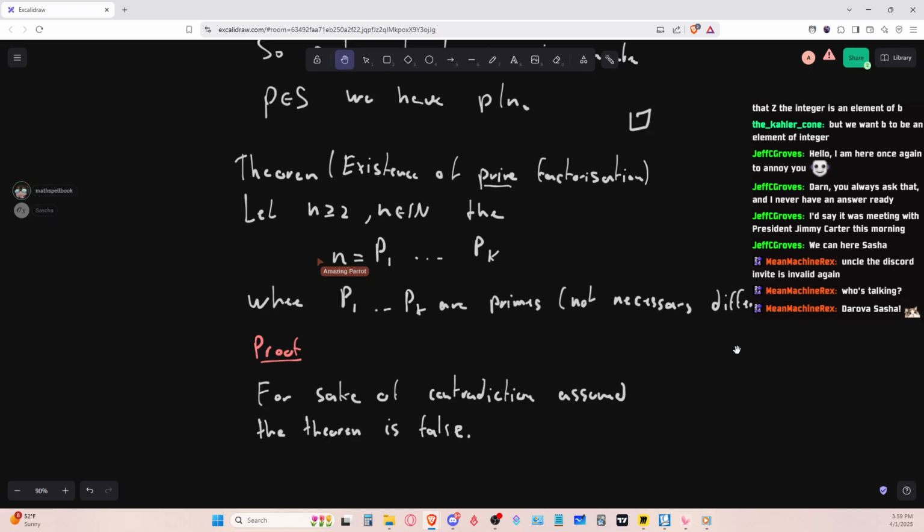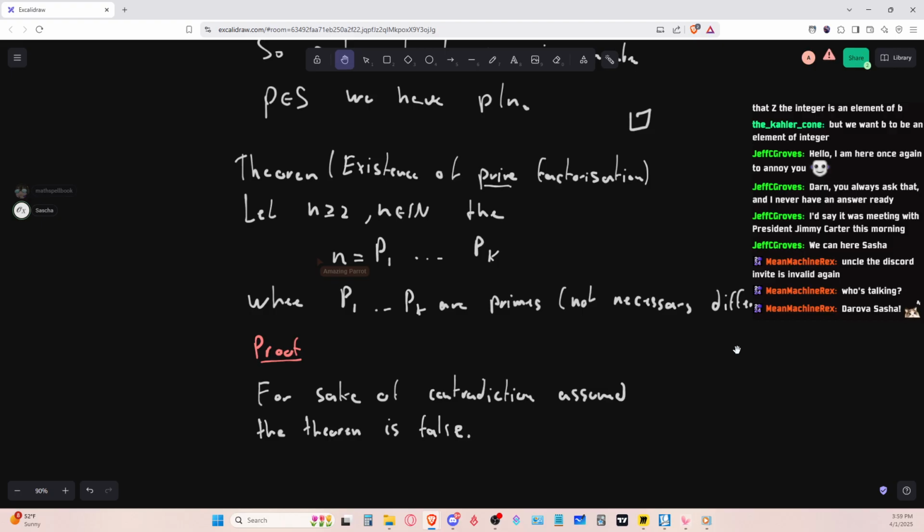Well, if the theorem basically says any natural number that is equal to or greater than 2 can be broken down into primes, then you have to prove that it's not prime.